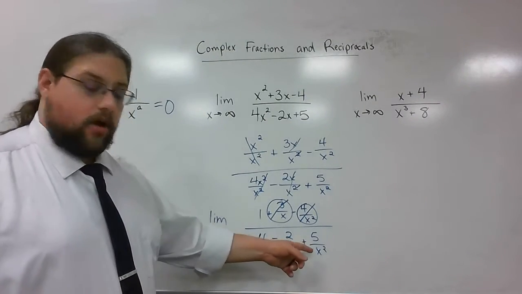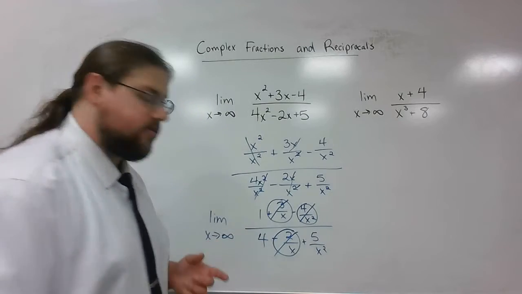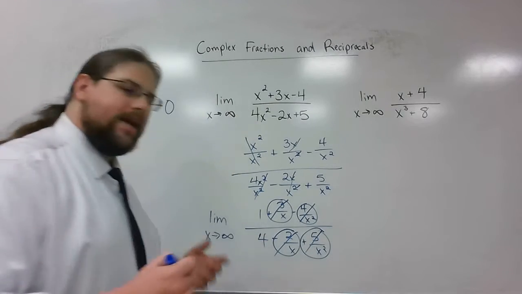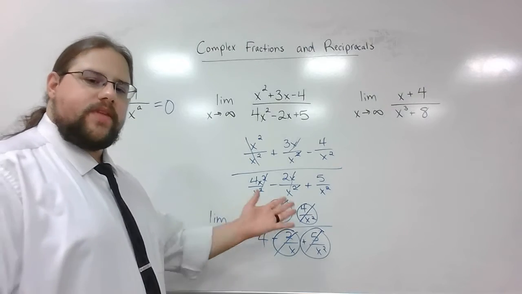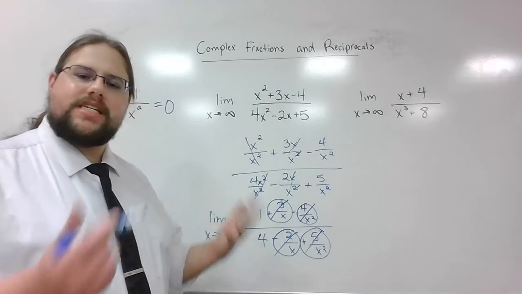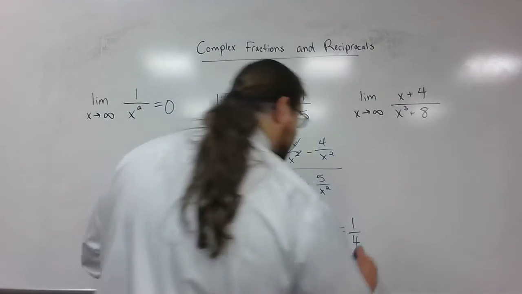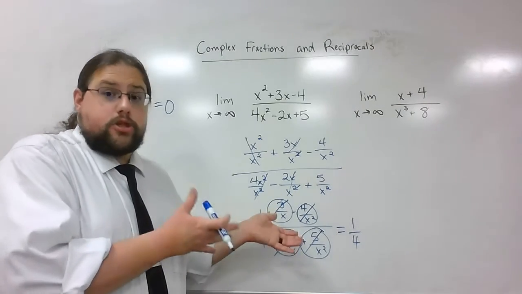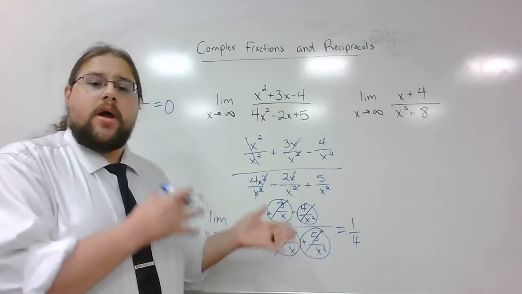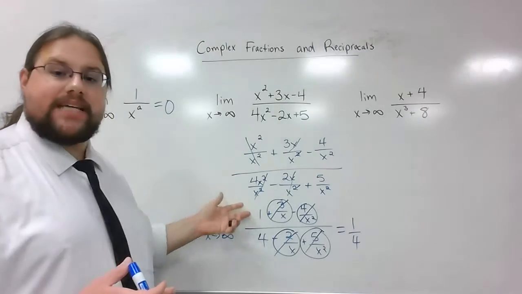So what happens when we get everything down? All of those things with x's on the bottom just disappear. So we're left with 1 over 4. Now let me repeat again. If you thought about horizontal asymptotes, you should get exactly that answer. But here's the thing: I didn't even have to think about that. I just had to divide by the biggest exponent.